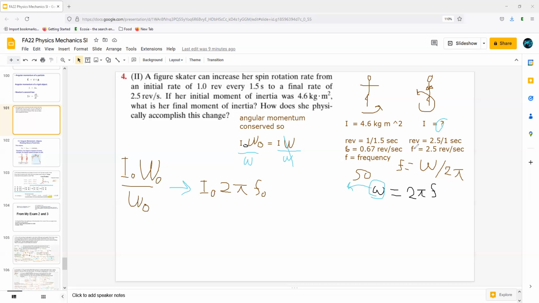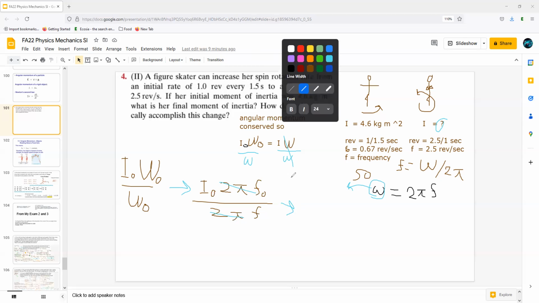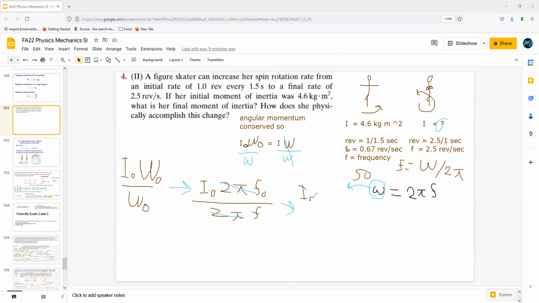Because this one's f naught, this one's f final, over 2 pi f. We can cancel out the 2 pi's because they're division. And that gives you I naught times frequency naught over the new frequency equals the new moment of inertia. Sorry, new inertia, not moment. Sorry, I'm a little tired.